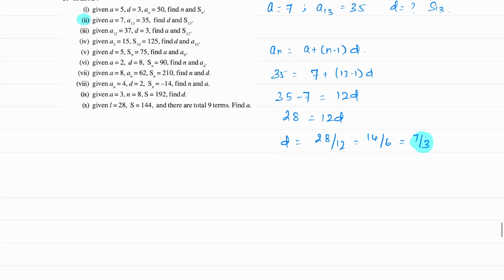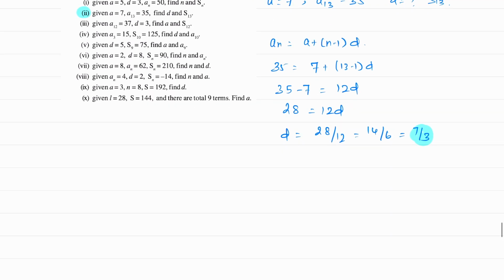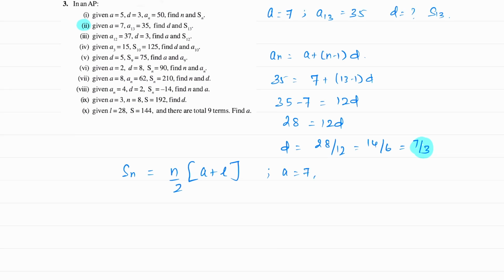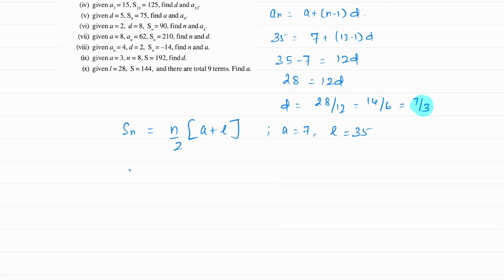Now we know the value of d. We have to find the sum of 13 terms. Sn is given by n over 2 times a plus l, where a is the first term and l is the last term. a equals 7 and last term l equals 35. So S13 equals 13 over 2 times 7 plus 35, which is equal to 13 over 2 times 42.